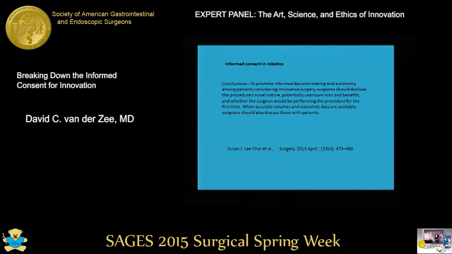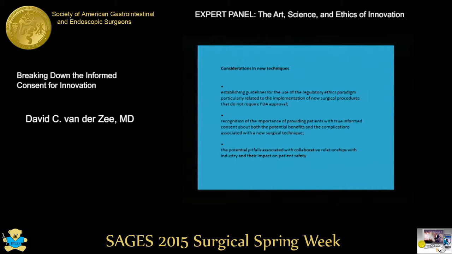Surgeons should disclose the procedure's novel nature, potentially unknown risks and benefits, and whether the surgeon would be performing the procedure for the first time. When accurate volumes and outcomes data are available, the surgeon should also discuss these with the patient.